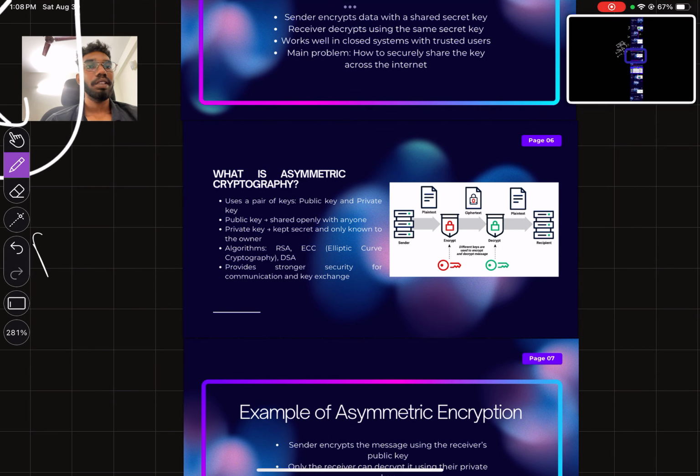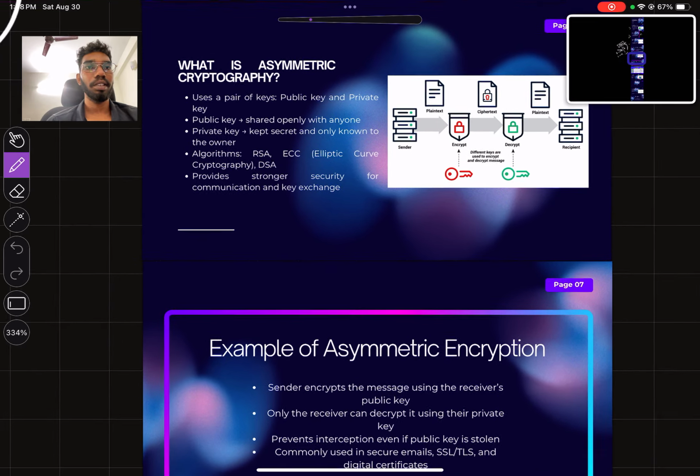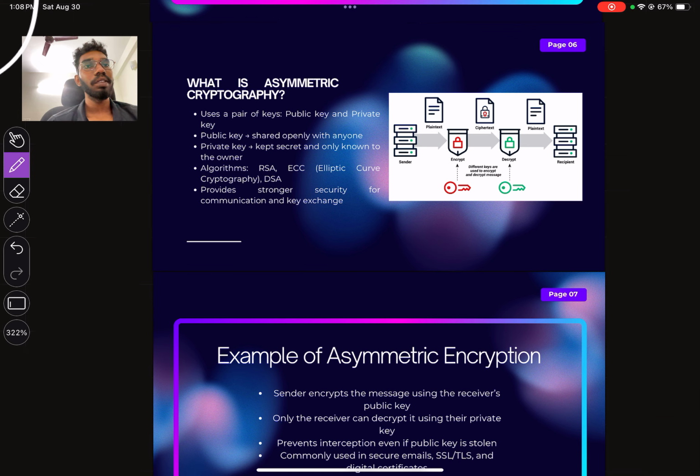So there's another cryptography technique, which is asymmetric cryptography. This one uses a public key and a private key. The public key is given to the public and openly shared, and the private key is only given to the owner.